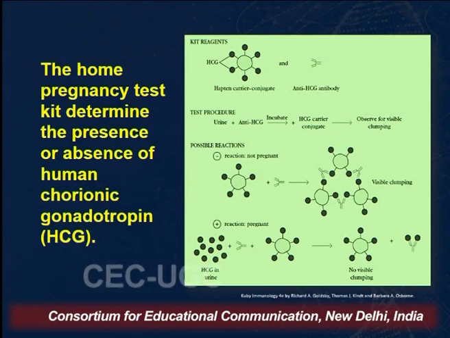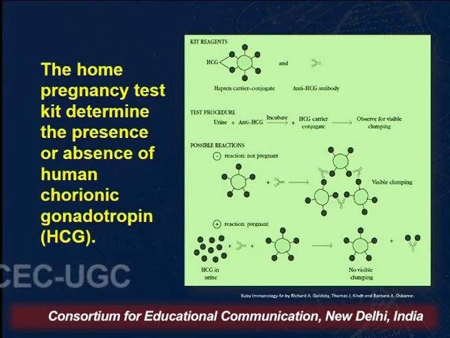So, the antibodies will already be utilized and they won't be able to bind to the subsequent hapten which is added into the sample. So, there won't be any agglutination reaction. So, there is an inhibition of this agglutination reaction. But if the female is not pregnant, there won't be a higher concentration of the HCG hormone in that sample.